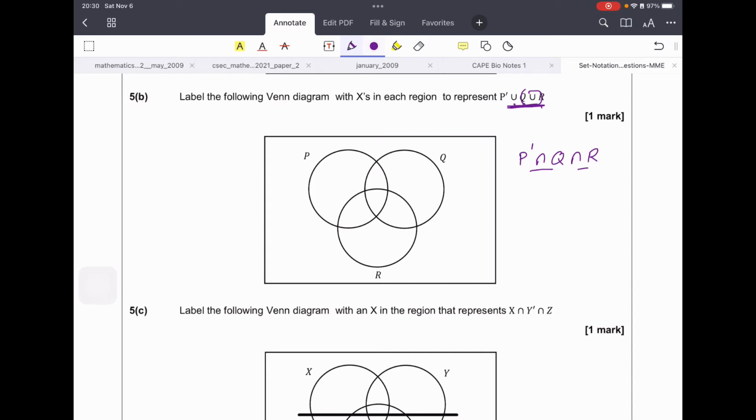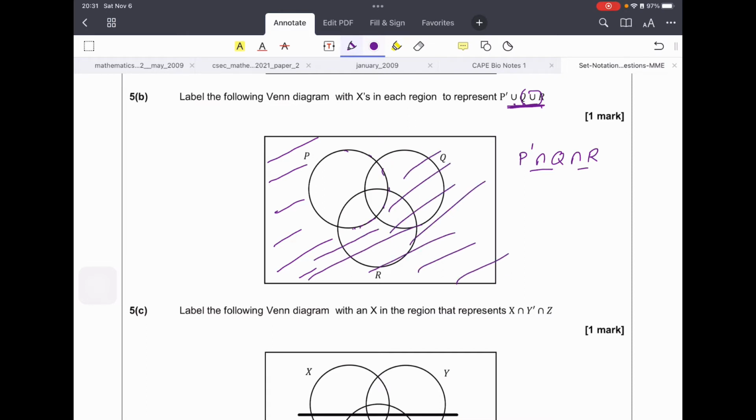So P prime, let's do it again. P prime was all of this here, everything that's not in this circle going around here. So all here is P prime. Now we want to get all of these things that Q has as well. Now Q does not have anything over here, does not have anything here, does not have anything there.